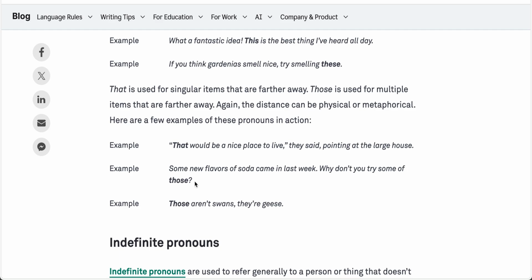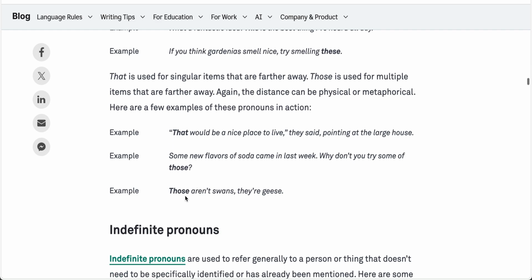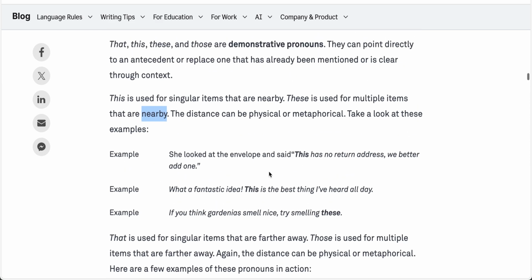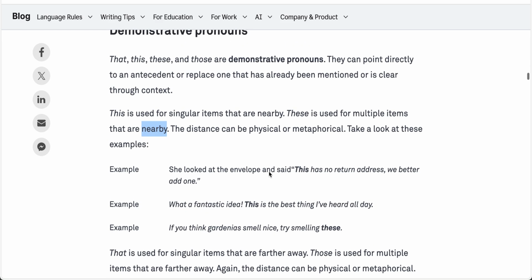So you just have to be aware of that, okay? Those aren't swans, they're geese. So those is pointing to the geese, but the geese are far away. You can't touch them. So you have the near demonstrative and the far demonstrative. That's how this works, okay?